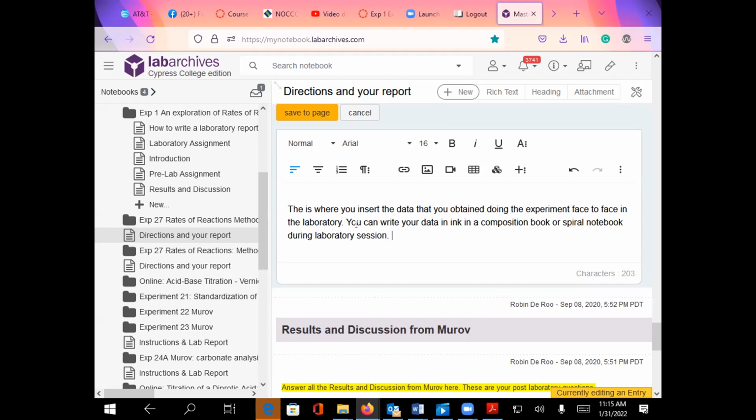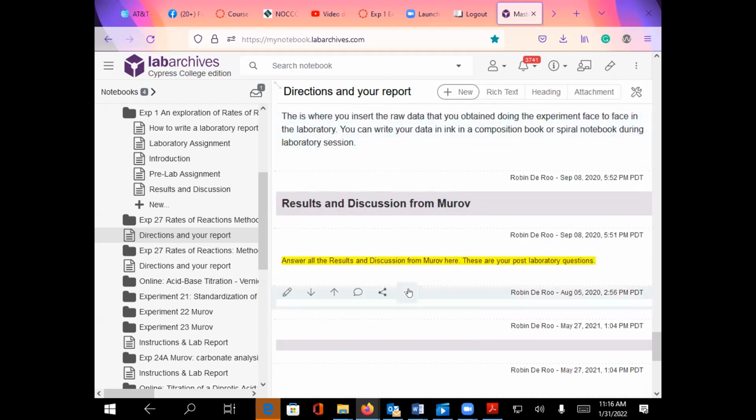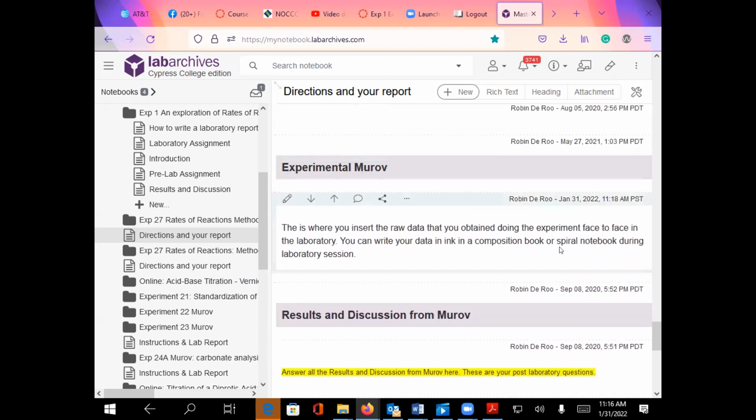That would be your raw data. This is what we call raw data. And notice it should be in ink. I don't know what you guys have been doing. So you could do this in your composition book, and then you could scan it and upload it in here. But this is during the class.